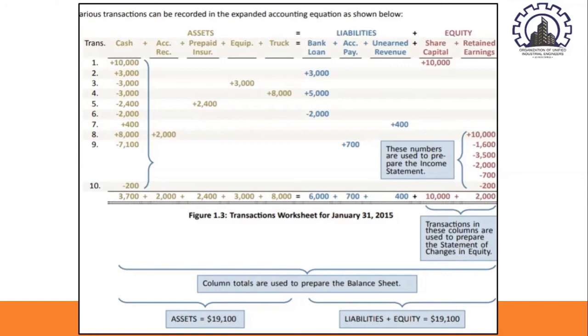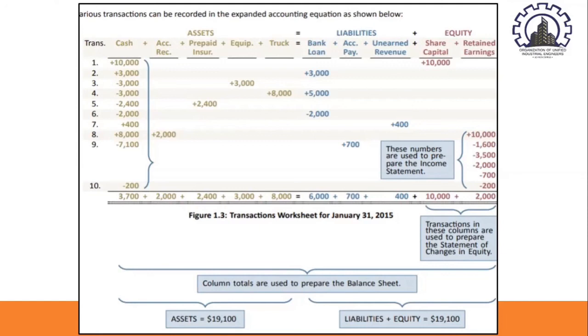Equals your bank loan sum, that would be 6,000, accounts payable, that would be 700, and unearned income 400, plus your share capital sum, that would be 10,000, and retained earnings sum would be 2,000.